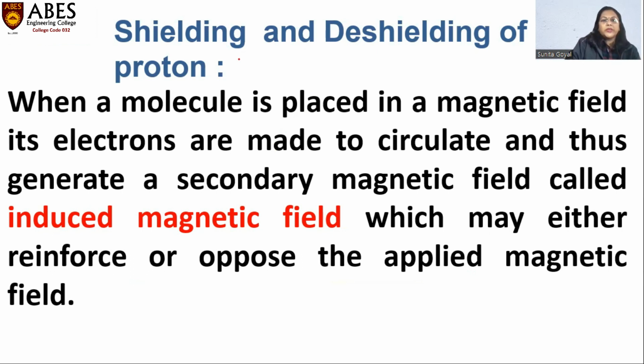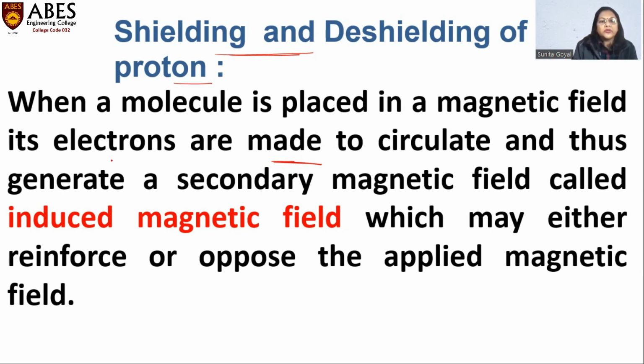Now, the next topic is shielding and de-shielding of protons, or shielding and de-shielding effects. When a molecule is placed in a magnetic field, its electrons are made to circulate. As we all know, the protons are attached with the carbon or other atoms with the help of chemical bonds, and these chemical bonds contain electrons.